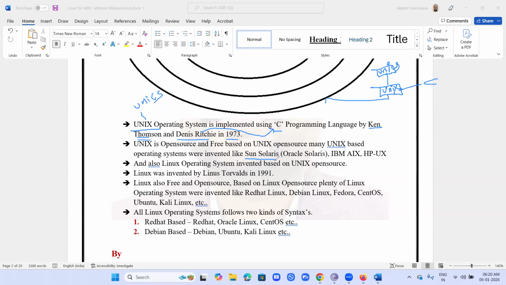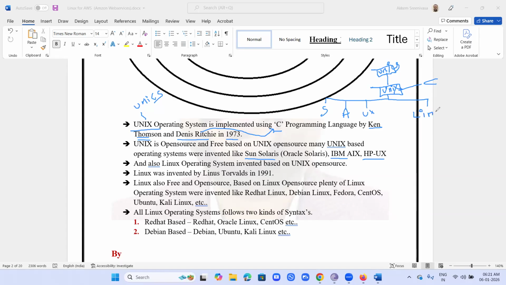Sun sold their products to Oracle, so now Solaris is a product of Oracle. Then like Solaris, there are IBM AIX, HP UX, plenty of Unix operating systems.